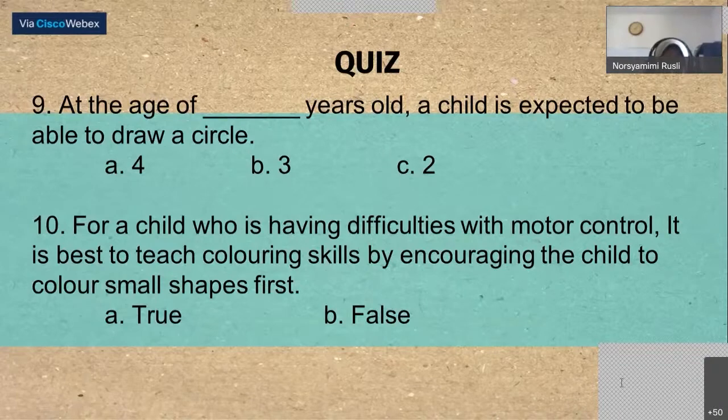For a child who has difficulties with motor control and doesn't know how to color within lines, he will color out of the lines, which shows he has difficulty controlling his hand. So we will encourage the child to color small shapes first, so that he's able to focus on coloring that area first. Yes, the answer is A.